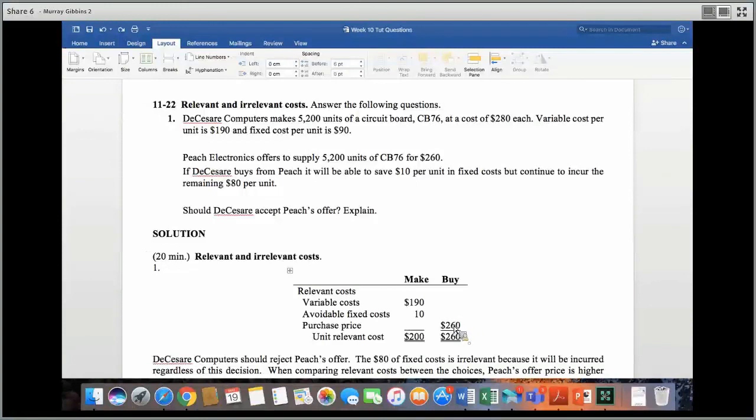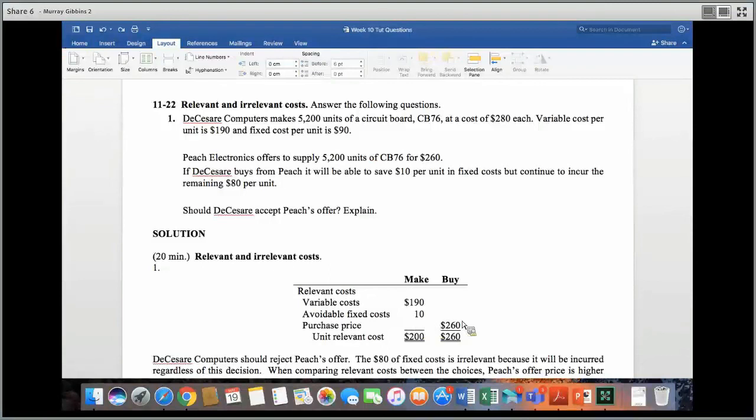Clearly, if we choose to buy it, the cost to us will be $260. Now, what does it cost us to make it? Well, the relevant cost for us is $190, but it is costing us this extra $10, which we could save if we went for the buy option. So it is actually costing us that additional $10.